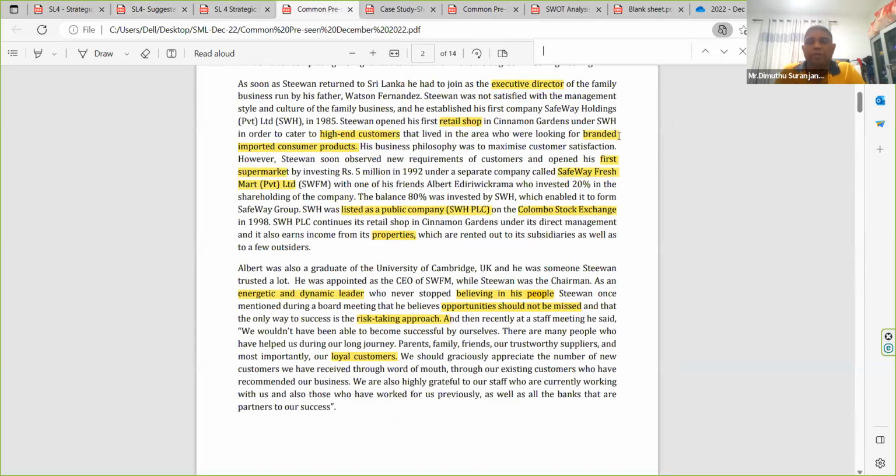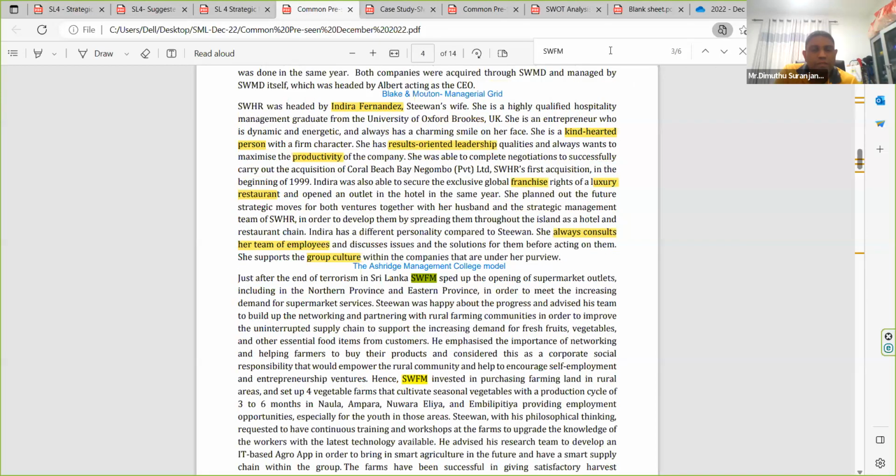Since we don't have enough time to go through everywhere, that's why I'm trying to identify related information. CEO is Stephen. Some information is given. Just after the end of terrorism in Sri Lanka, SWFM sped up the opening of supermarket outlets, including the northern and eastern provinces, to meet the increasing demand for supermarket service.